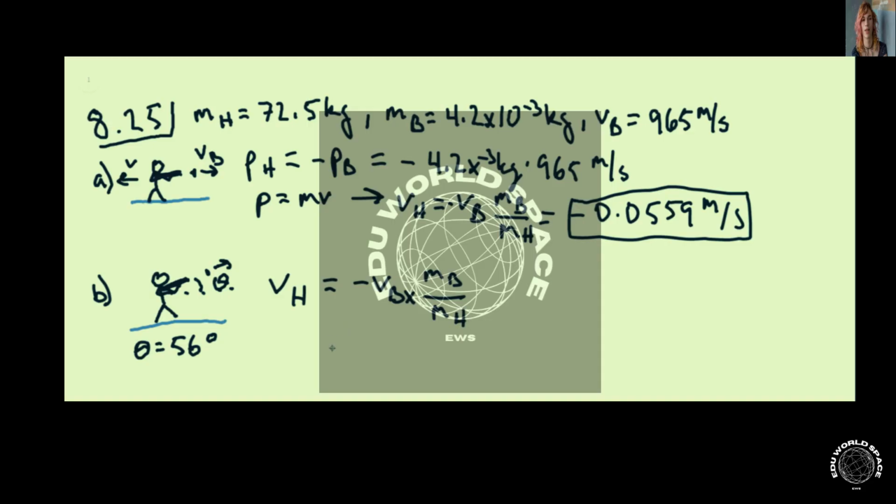And of course, the x component, because we're measuring the angle from the x direction, is just the cosine of the angle times the bullet's speed. And you'll note that this is just going to be this answer multiplied by the cosine of 56 degrees, which comes out to 0.0312 meters per second.